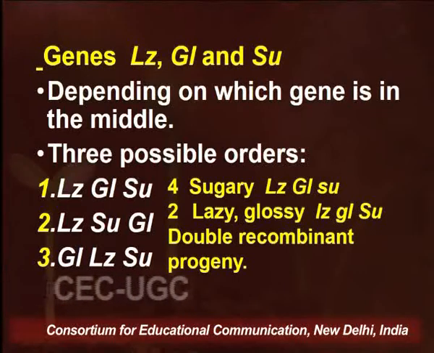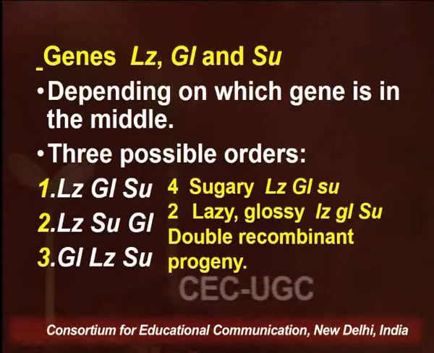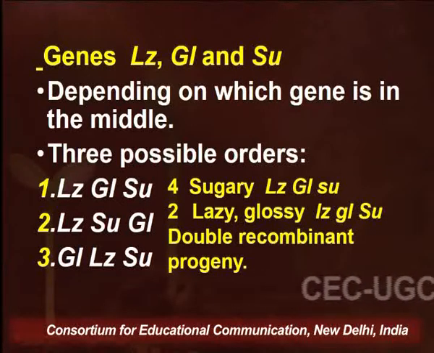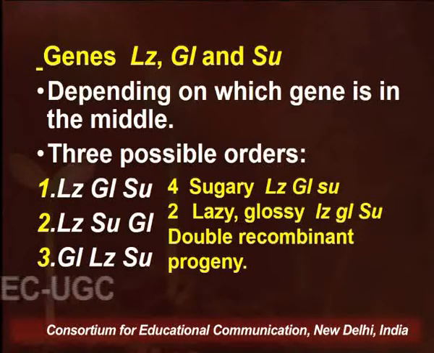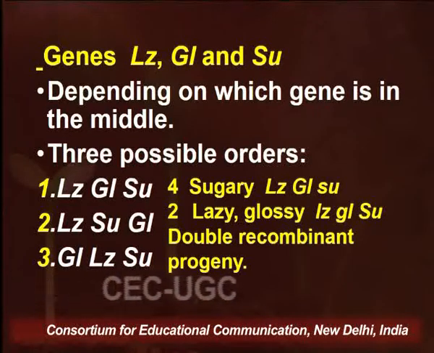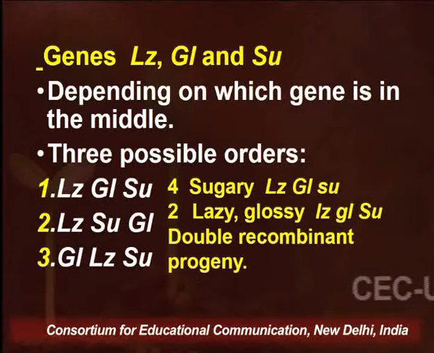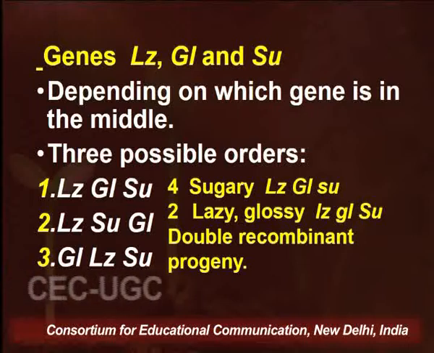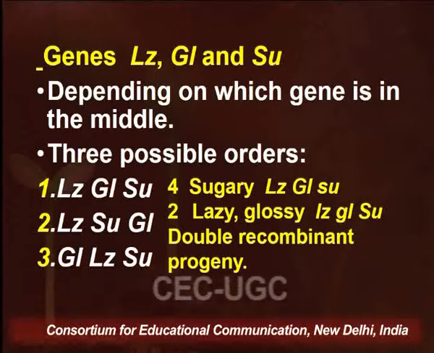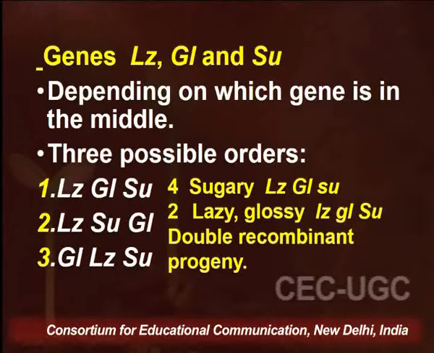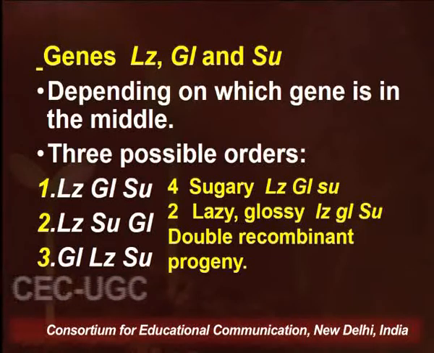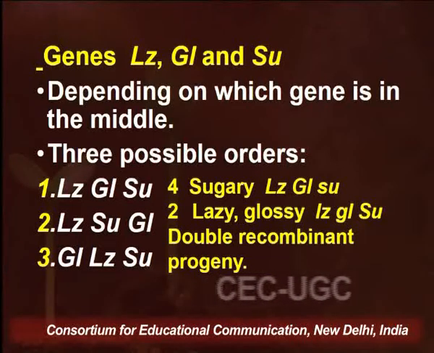The 3 possible orders would be: gl in the middle, the second case is su in the middle, and the third case is lz in the middle. Let us find out which of these possibilities coincides with the data which we have just presented, not forgetting that we have 4 sugary and 2 lazy double recombinant progeny.